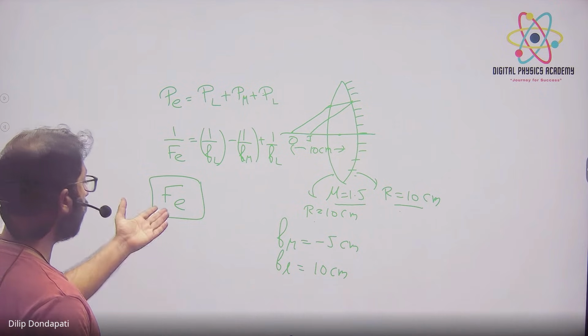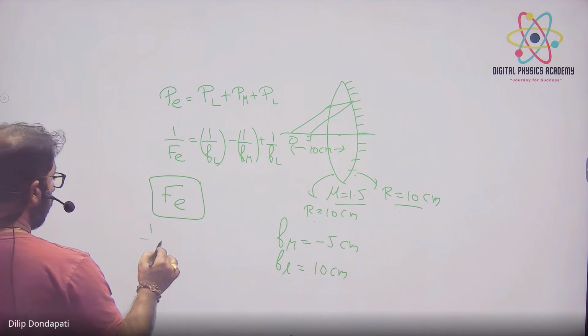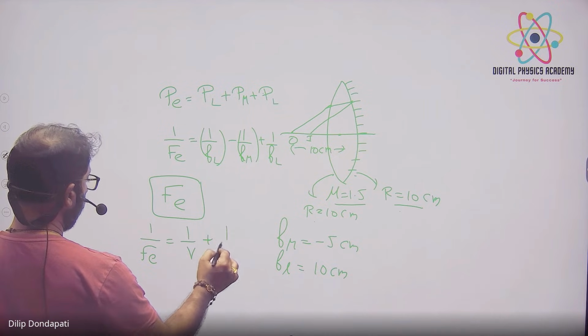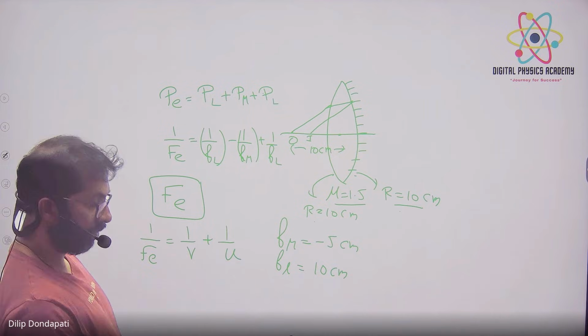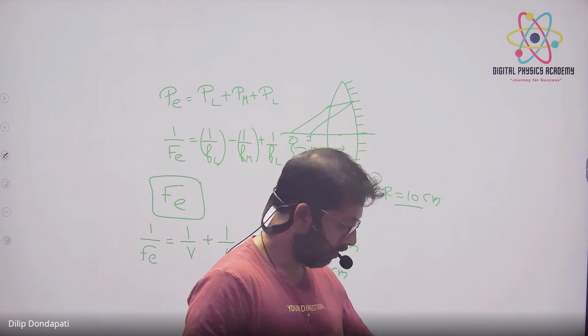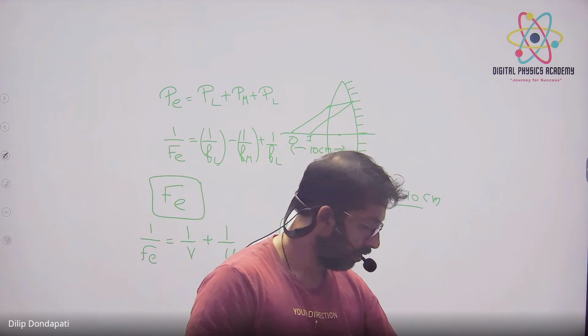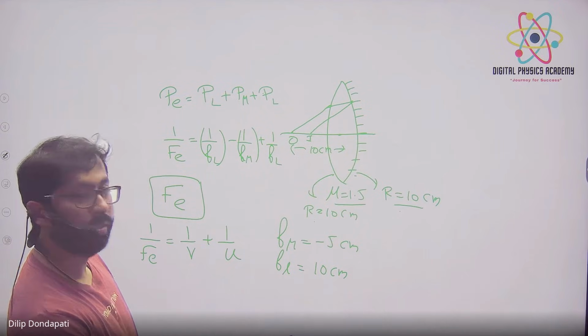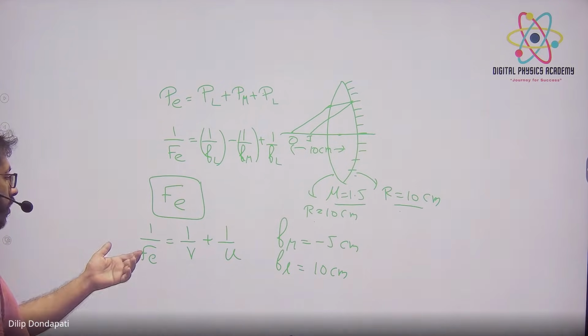So after that mirror formula use करने का, 1 by F equivalent is equal to 1 by V plus 1 by U. F equivalent is minus 2.5. Yes. Minus 5 by 2 बोल के लिख देते, easy हो जाएगा.